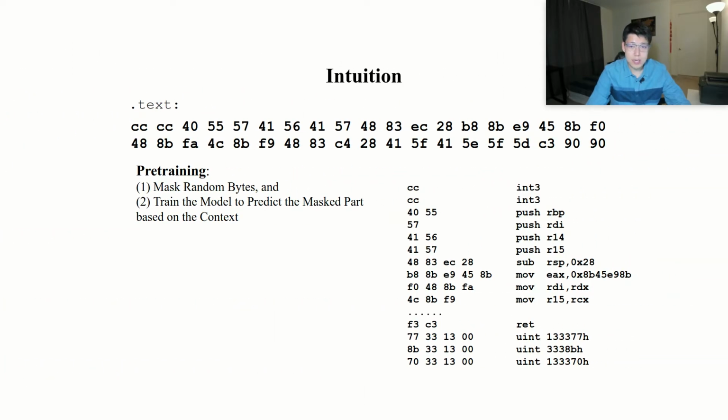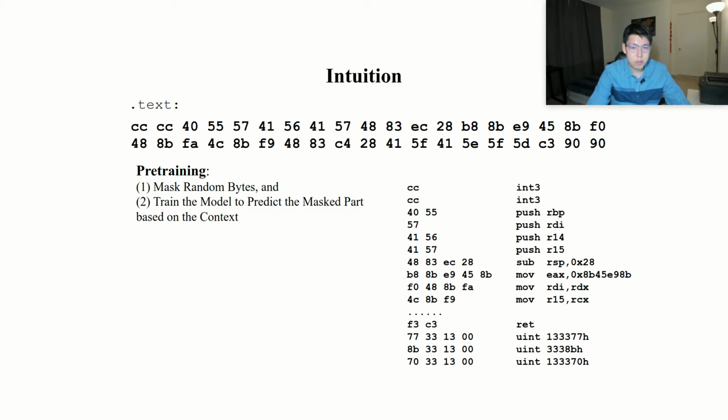Here we elaborate more on the intuition on why masked language modeling helps the model to learn machine code semantics. Consider the same raw bytes extracted from Vim 8.2. Now consider its instruction sub-RSP 28 bytes that decrements the stack register by 40 bytes to allocate space for local variables.